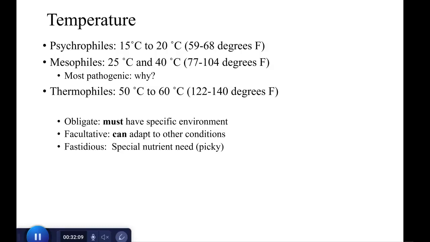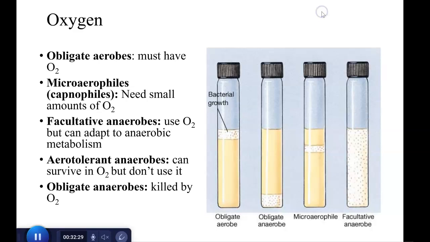Obligate anaerobes, they cannot be near oxygen. In fact, a little oxygen could actually kill them. Facultative means they're very flexible, so they can adapt to suit different conditions. Those are some different terms that, as we're looking at the different conditions that bacteria grow in, we will actually use.